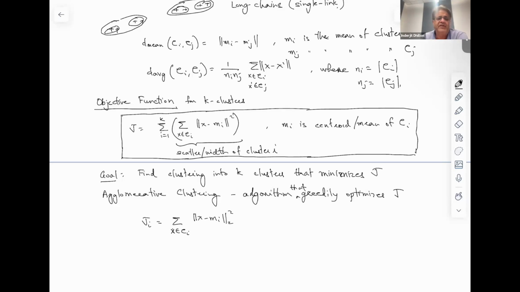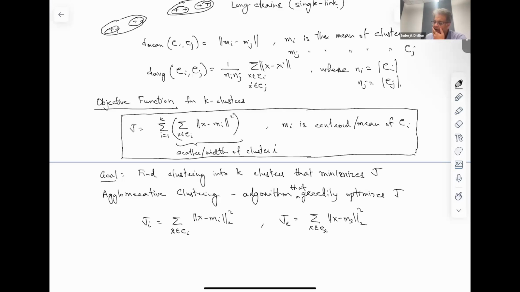I'm just emphasizing that this is the 2-norm, which is what is typically used. Then I have Jl, which is the lth cluster: sum of x minus ml squared.